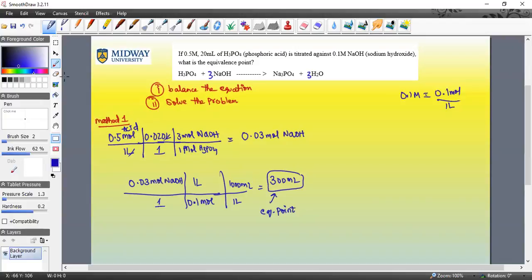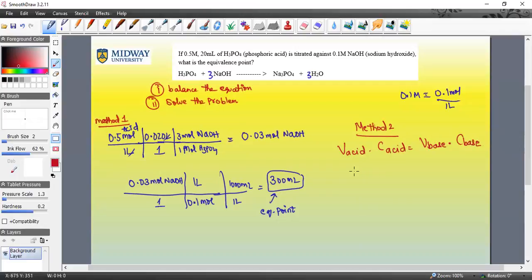All right, so let's do method 2, which is the shortcut method. Again, understand the problem, then I don't care if you use method 1 or 2. So now we write V acid times C acid equals V base times C base.